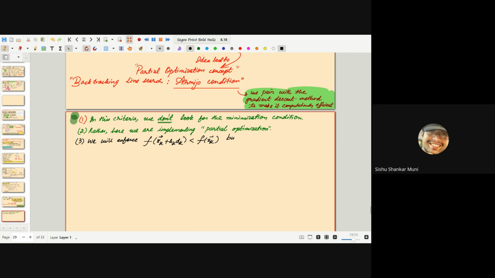But we do not minimize f of xk plus hk dk. This was phi of h, right? We will not do that. At every step, we will not minimize phi of h. So what will we do?